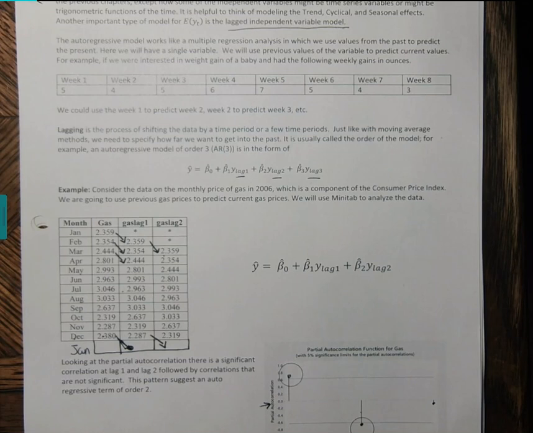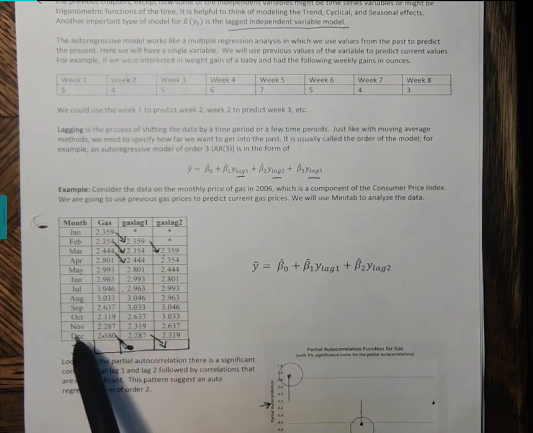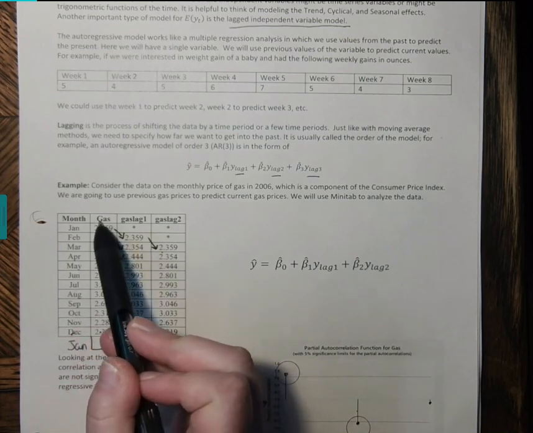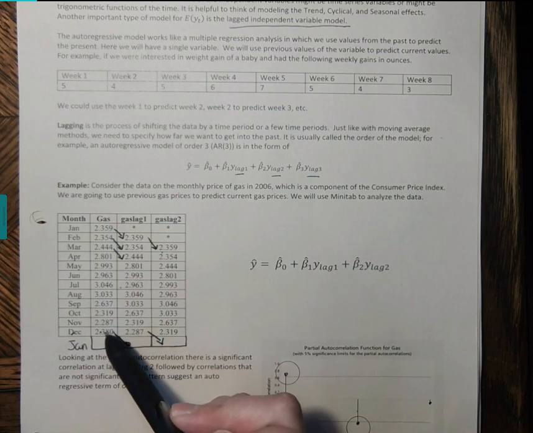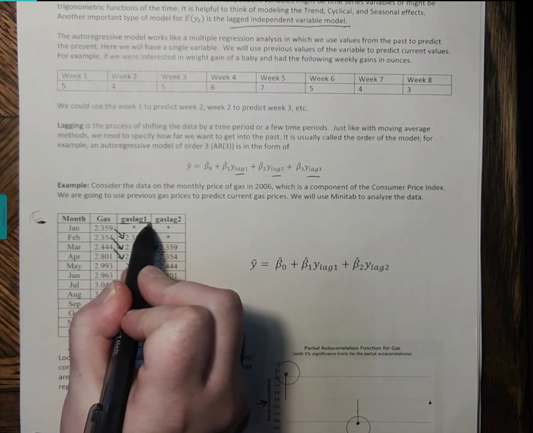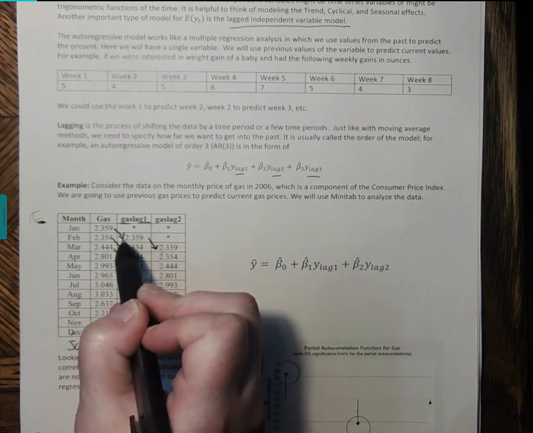All right, so looking at our data set, notice here that we have data for January through December, and ignore this down here for just a moment. Next to it is just a single variable: the gas price for each of these. Now, how lagging works, if we look at gas lag 1, we take all of the time points and shift them.